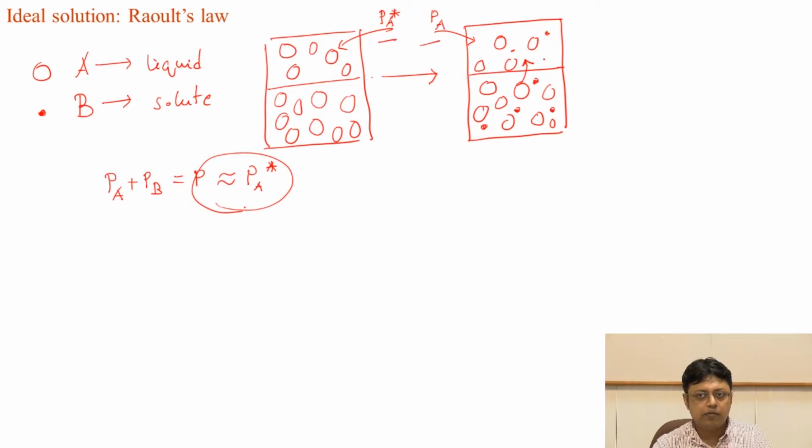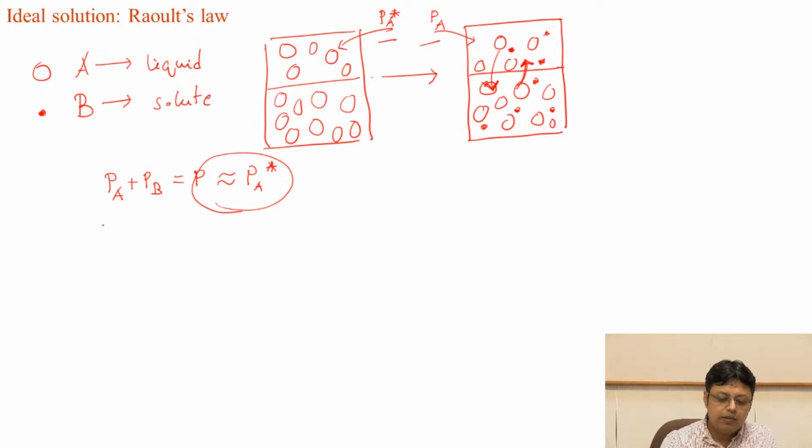Now you can actually have a kinetic model to describe this entire process. Remember that every equilibrium is a dynamic equilibrium, which means there will be some molecules of A going into the vapor phase and some molecules of A going into the condensed phase, and the same thing is happening for the molecules of B, the solute, which has very few molecules in the vapor phase.